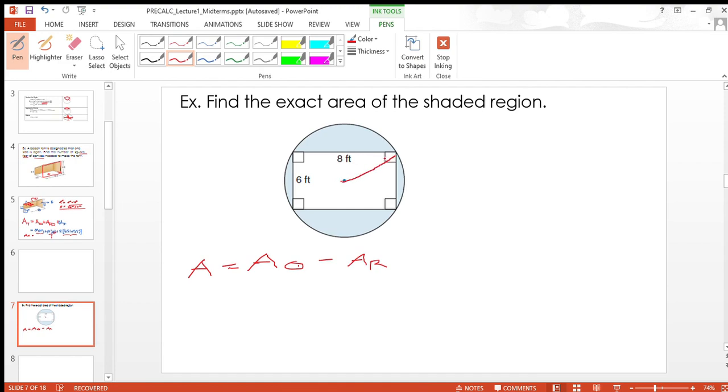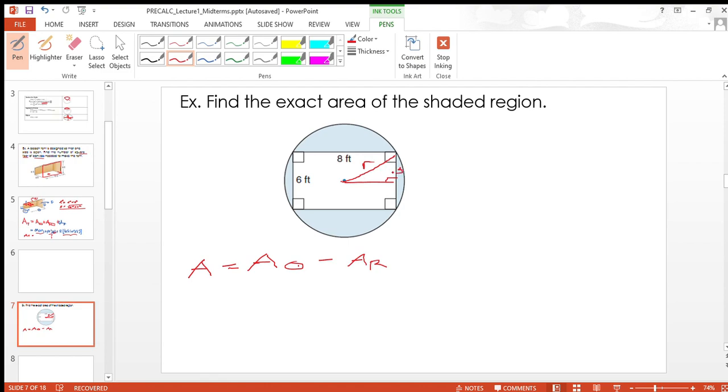So we now draw a line there from the center. That will now be our r, pi r squared. But r is not yet given. If we take an analysis, how do we compute for r? We can form a right triangle here. This will simply be half of 6 because it's a rectangle.